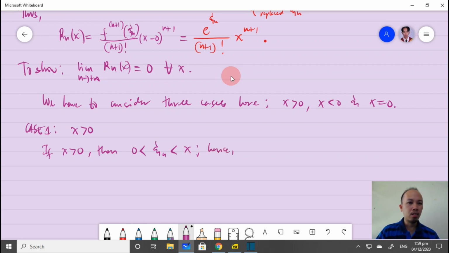Hence, e to the psi sub n is less than e to the x.